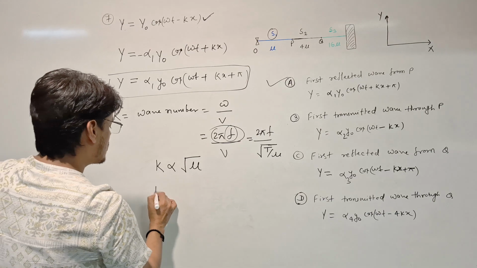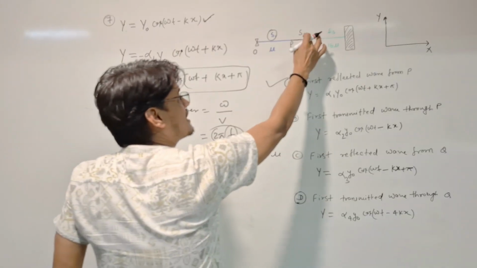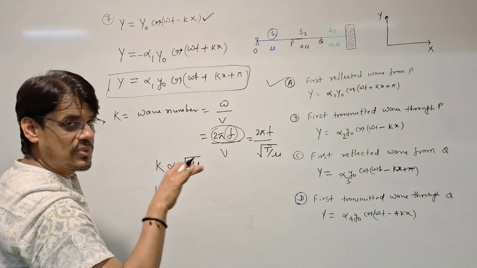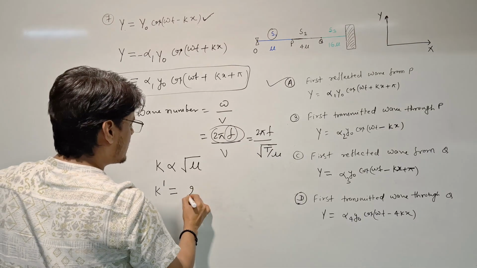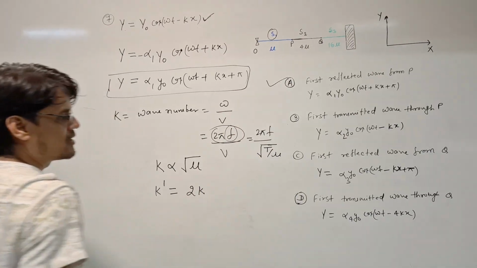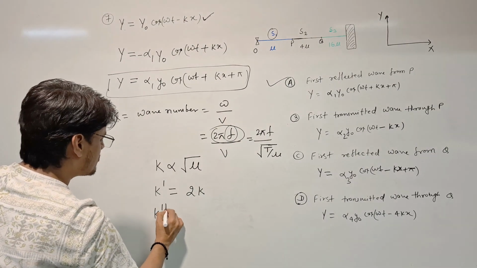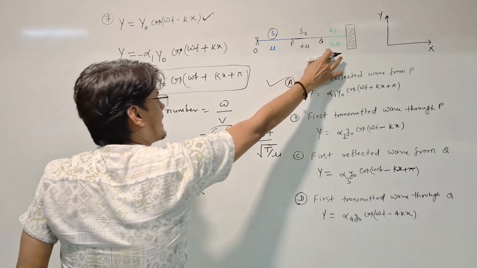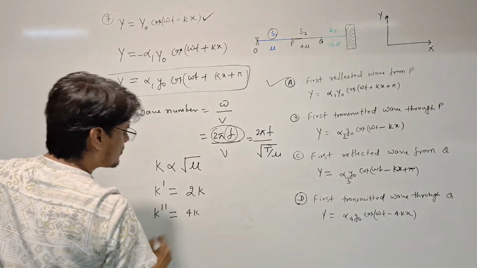Hence k dash, the wave number for string S2, when the wave passes through S2, should be 2k. And similarly, the wave number for S3 will be 4k.